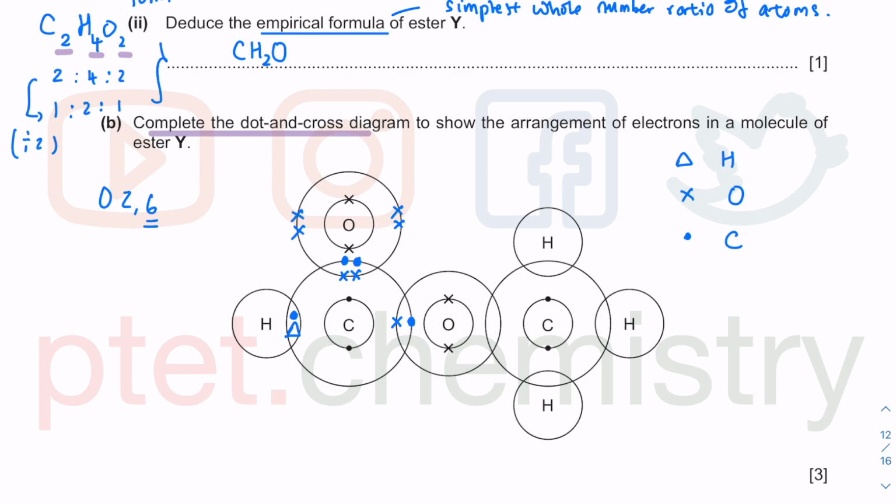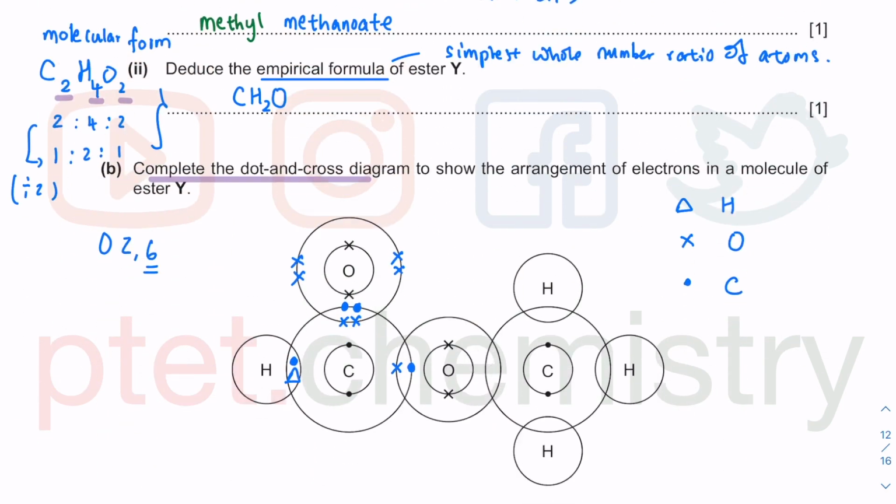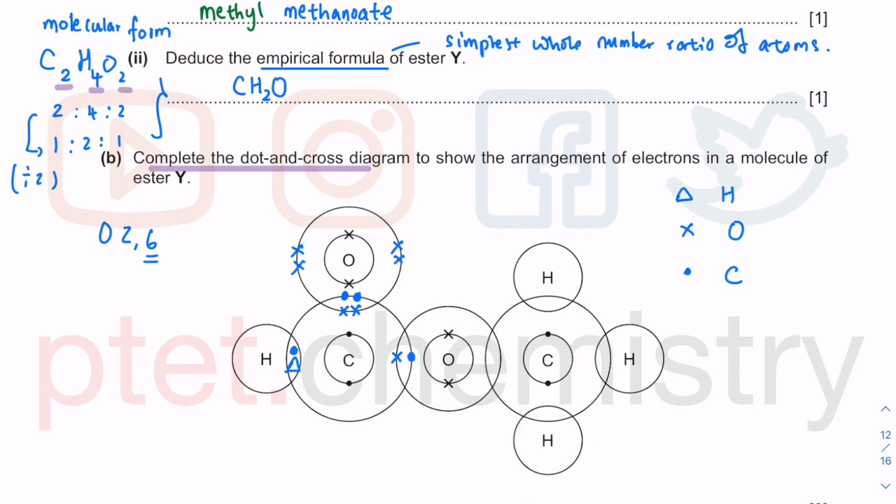This oxygen has a single bond to the carbon, so I should be able to work this a bit faster now. Single bond to the carbon there, and then C-H is all single bond. Oops, I mean like this, and then this. Don't forget your triangle for the hydrogen. So triangle for the hydrogen, and this is single.